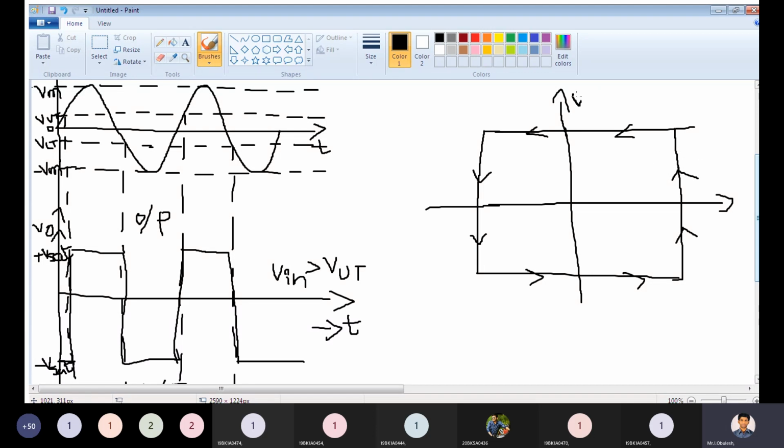Assume that from the y-axis you need to take the V naught value, and from the x-axis you need to take the V in value.